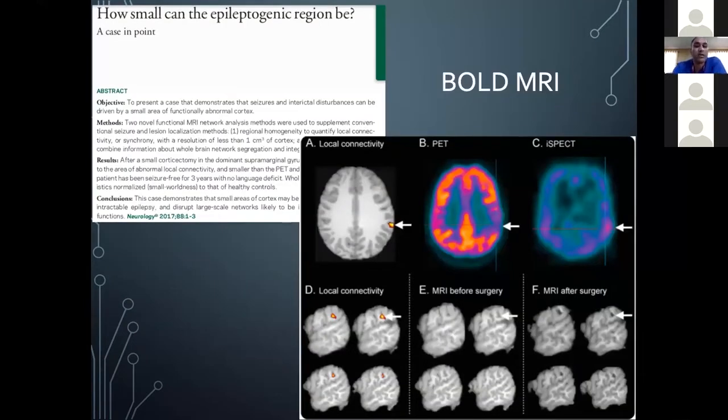And there are some case reports where people have used another aspect of imaging, which is BOLD MRI, and they have tried to identify an epileptogenic lesion.